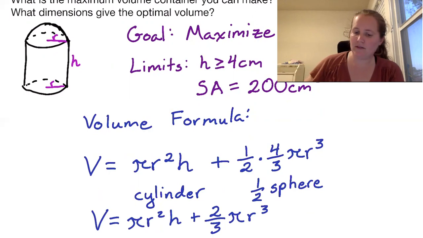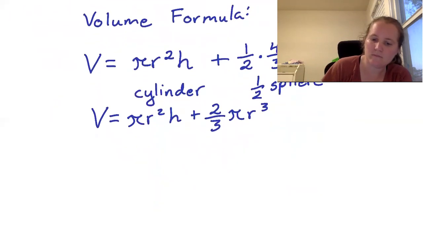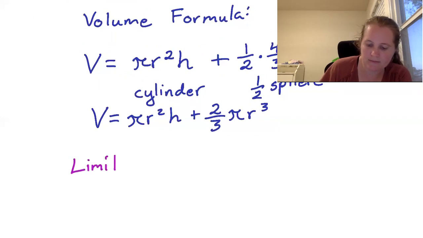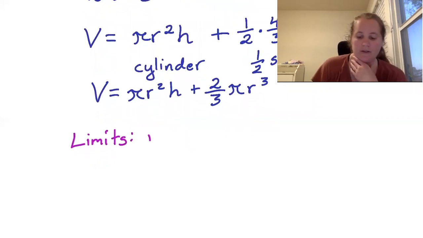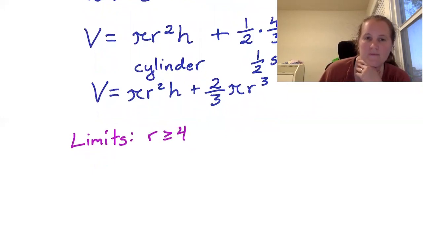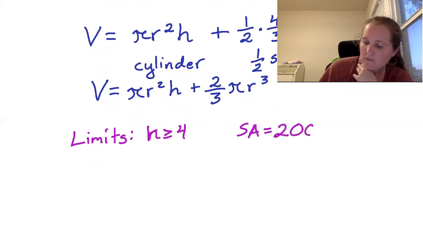Then our surface area. So again, looking back at our limits, we still had r is greater than or equal to 4, h is greater than or equal to 4, and then our surface area was 200 square centimeters.